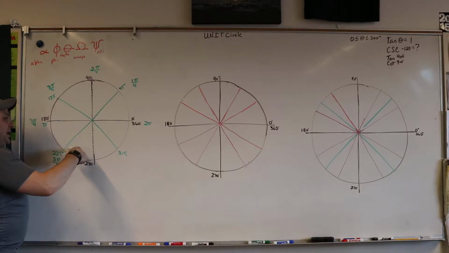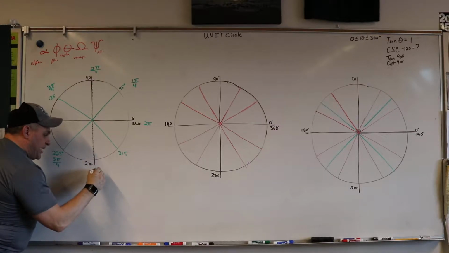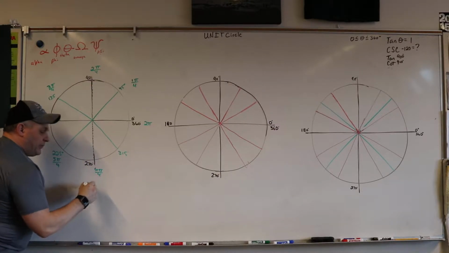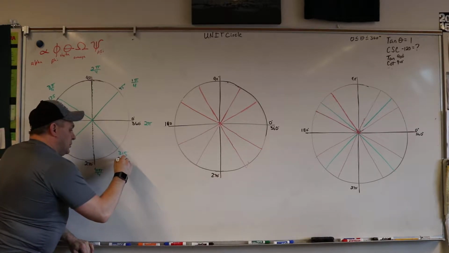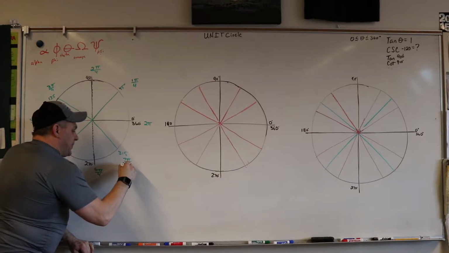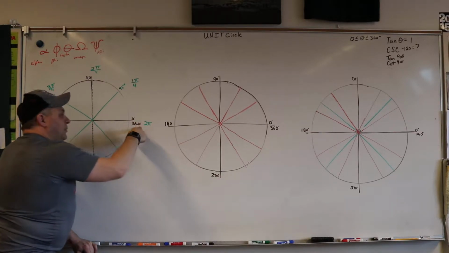So this is 5, this is 6. So we have 6 pi over 4. Seven pi over 4. What would this one be?